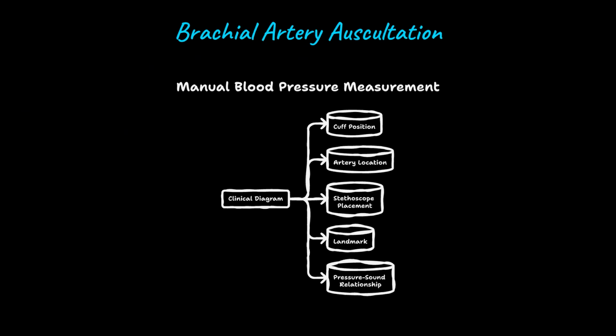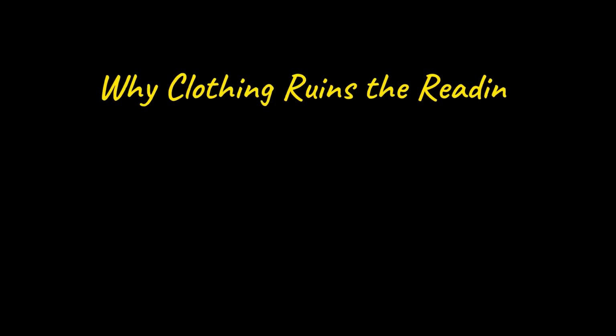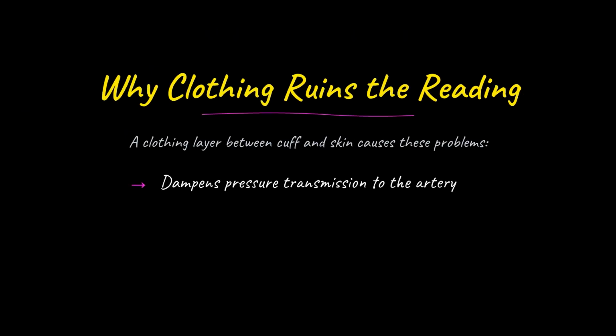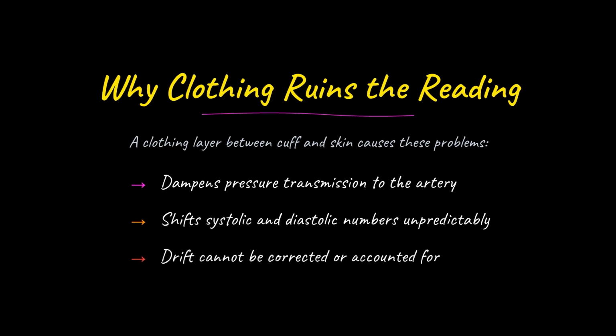The stethoscope sits over the brachial artery just below the cuff, and the technician listens for Korotkoff sounds as pressure slowly releases. A sleeve or sweater introduces variable resistance that dampens the cuff's pressure signal. The resulting numbers can read falsely high or falsely low, and the drift is inconsistent, meaning the technician has no reliable way to correct it.